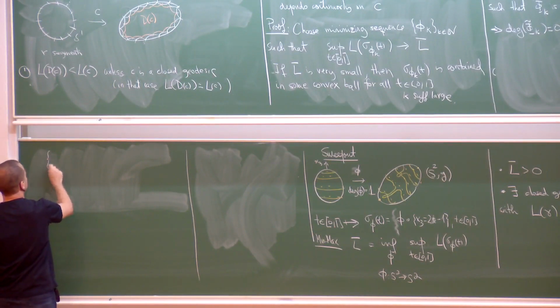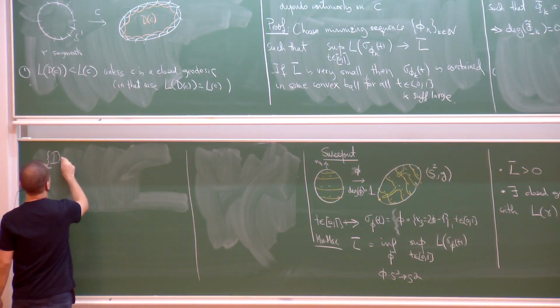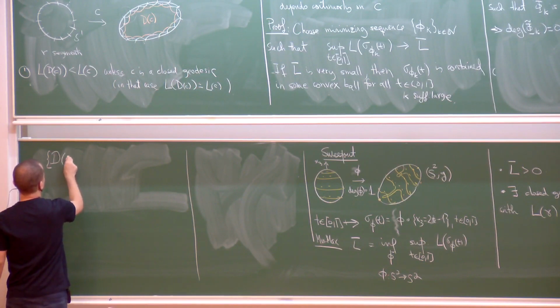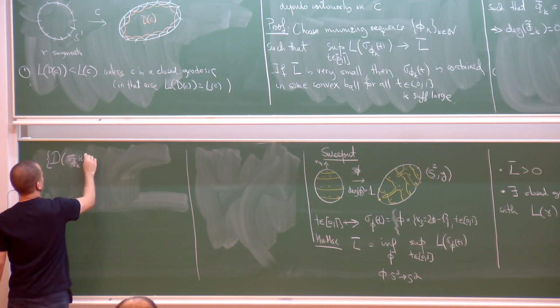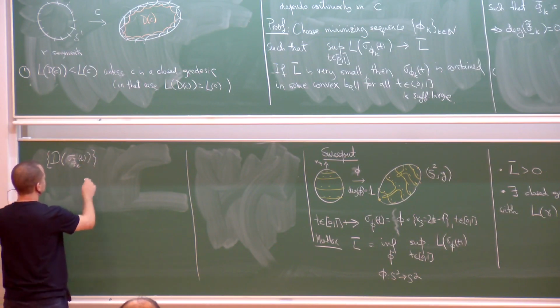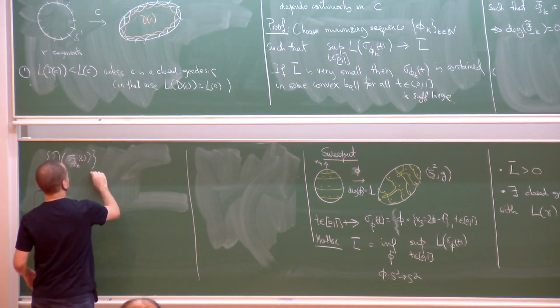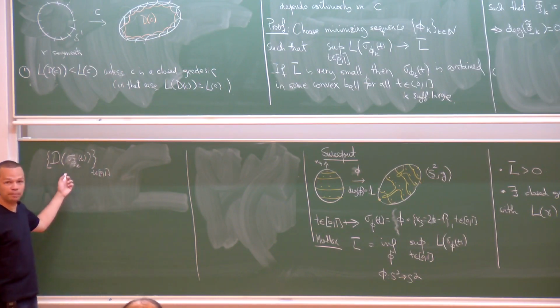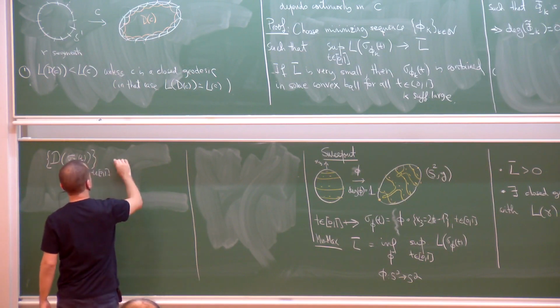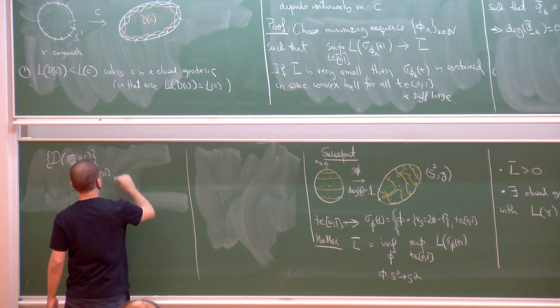For every k, I just apply D to my curve, sigma phi k of t. So I take my sweep out, I apply D. This is going to be a new sweep out by broken geodesics. Okay? But the observation is that this is also a minimizing sequence.